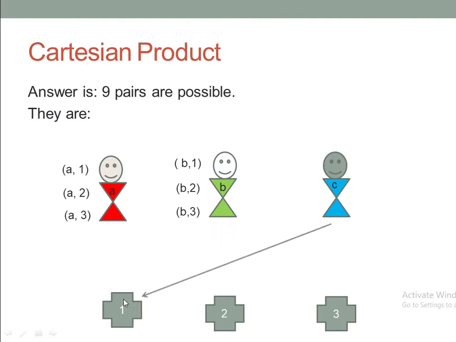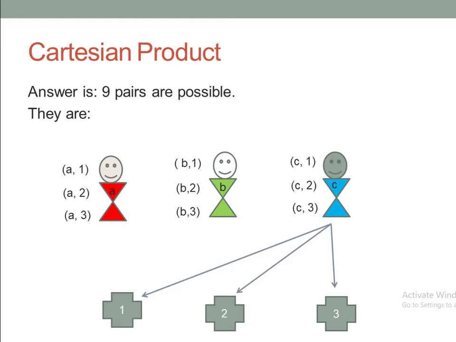Kabul can get the jersey number 1, Kabul can get the jersey number 2, and Kabul can get the jersey number 3. So these are the 9 cases or 9 pairs that are the possible ways to distribute the jerseys among Abul, Kabul and Babul.